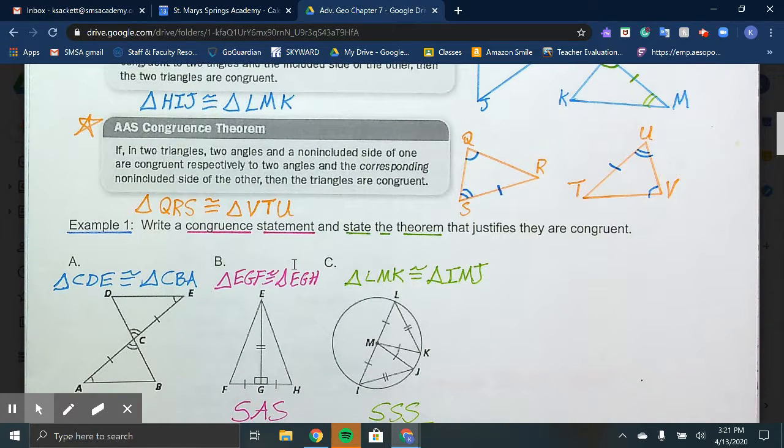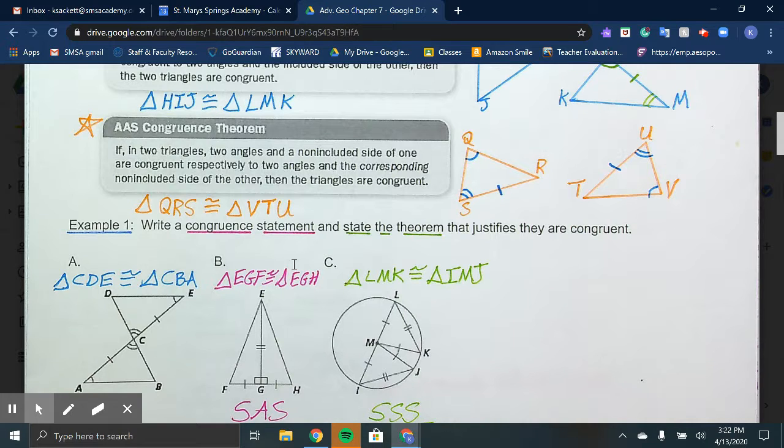And our last congruence theorem for these first 4 is the angle-angle-side congruence theorem. So if in 2 triangles, 2 angles and a non-included side of one triangle are congruent respectively to 2 angles and the corresponding non-included side of the other, then the triangles are congruent.